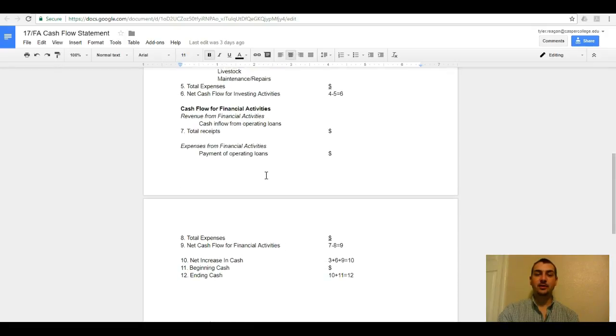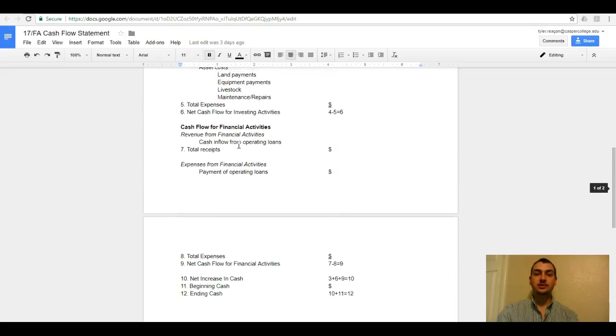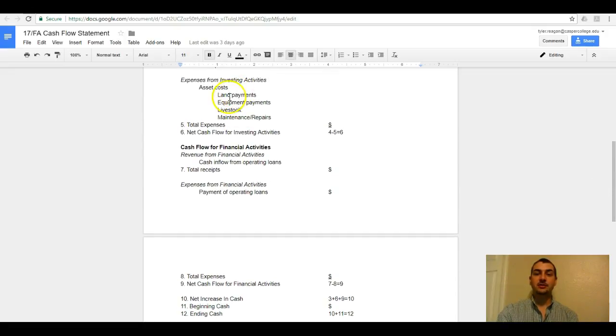Now the next thing we're going to look at is the net cash flow from financial activities. These are often dealing with, say, loans and the financial aspect of acquiring things, or payment of, say, an operating loan. Now we're going to make a distinction here between land payments and equipment payments.